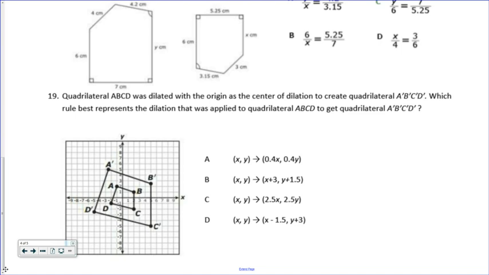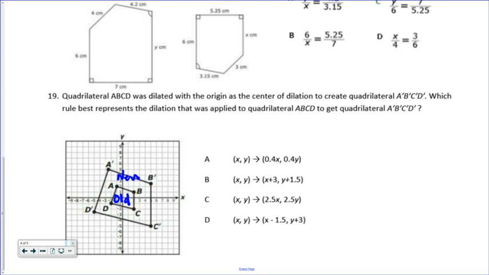Which rule best represents the dilation that was applied to quadrilateral ABCD to get quadrilateral A prime, B prime, C prime, D prime? You have to decide which one is the new and which one is the old. Okay, and in this case, the smaller image is the old and the larger image is the new, because A prime is your new image.